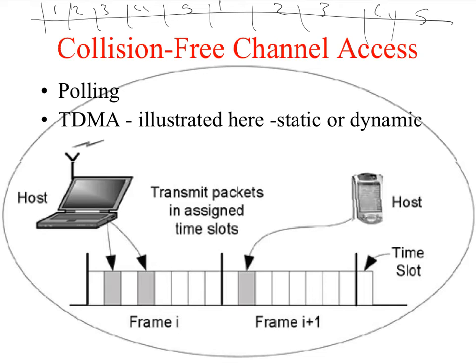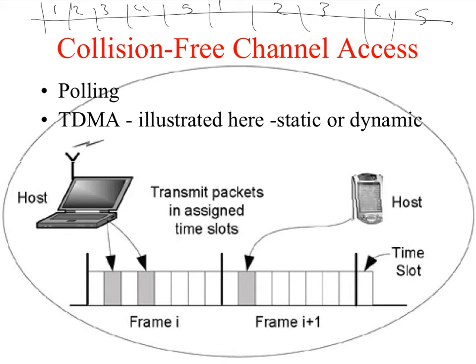Because if we assign these slots and predefine them before communication, chances are you will end up with some slots that are not utilized. And that's inefficiency. Although we have eliminated collision, we have introduced another overhead, which is a number of slots that are not utilized. So what they do here is that they assign these slots dynamically.